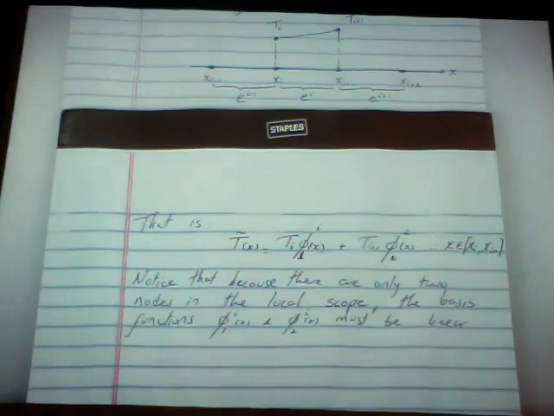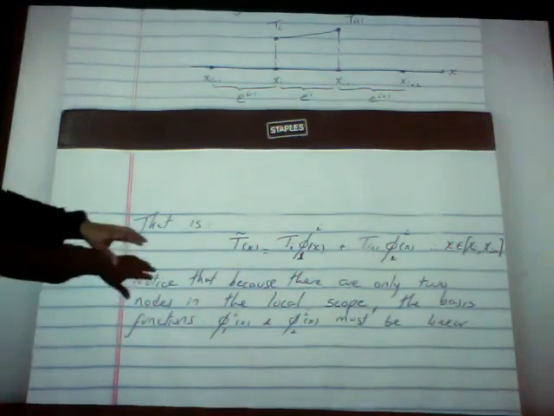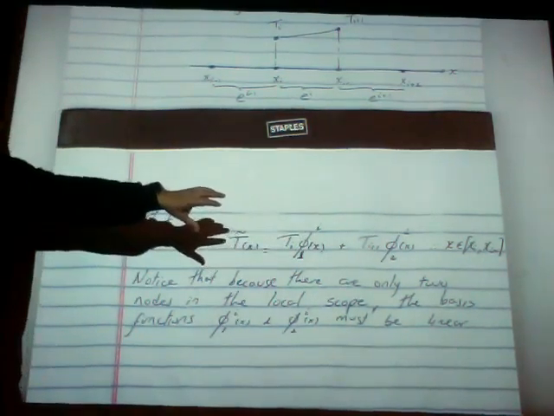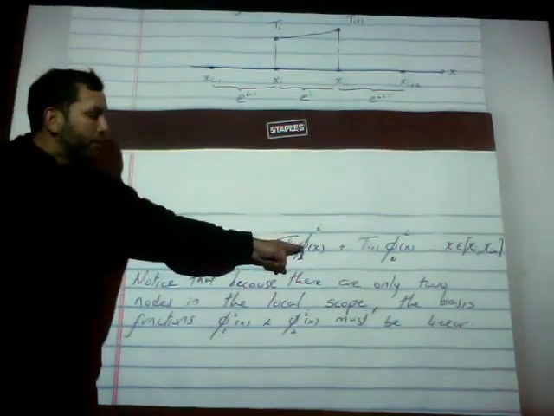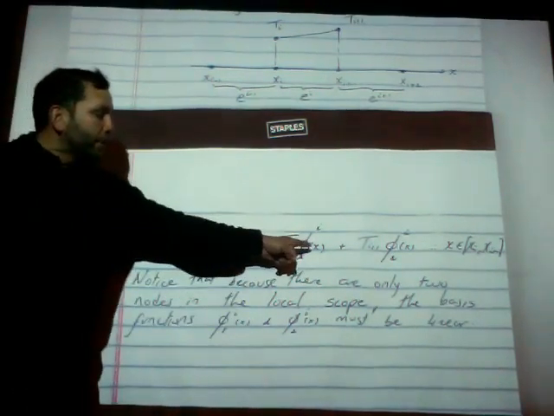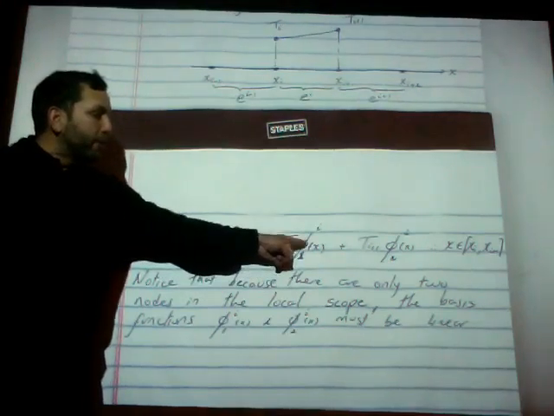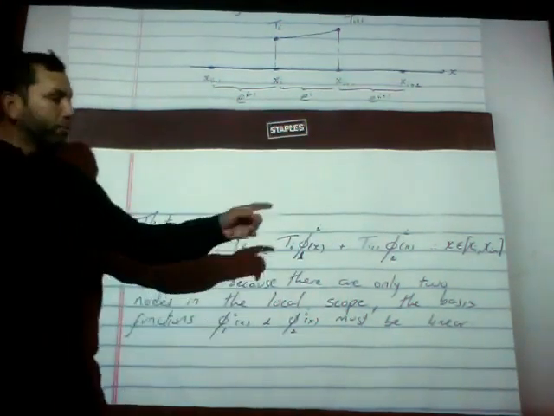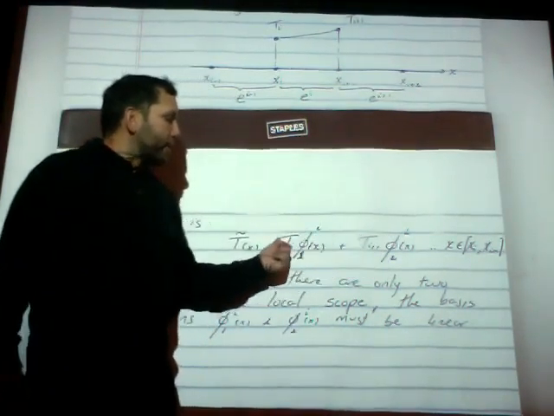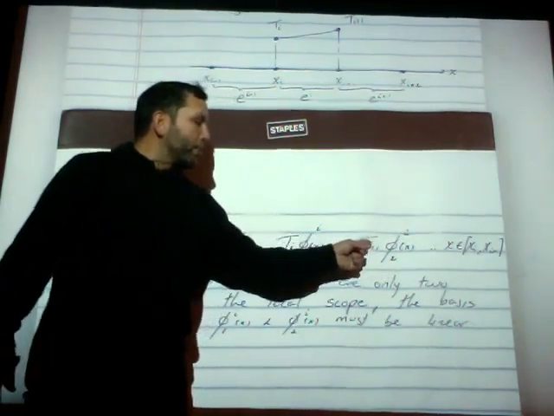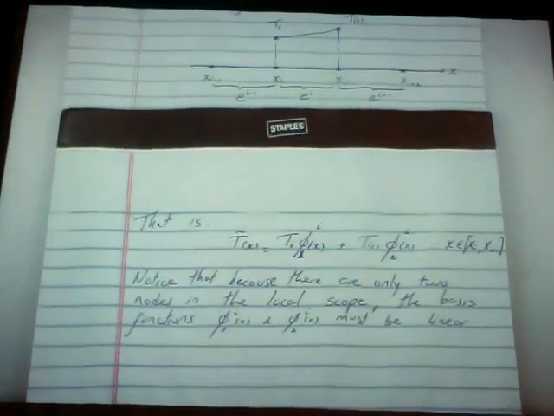And these are called basis functions because obviously they have to satisfy the basis function property. This one should be 1 when evaluated at xi and 0 when evaluated at xi plus 1. And this one should be 0 when evaluated at xi, and it should be 1 when evaluated at xi plus 1.